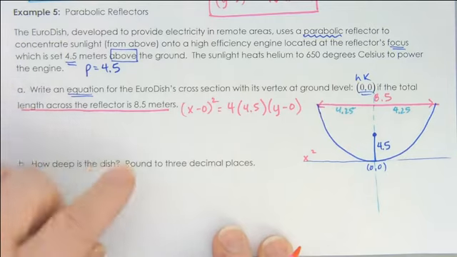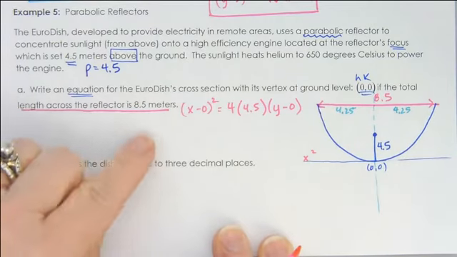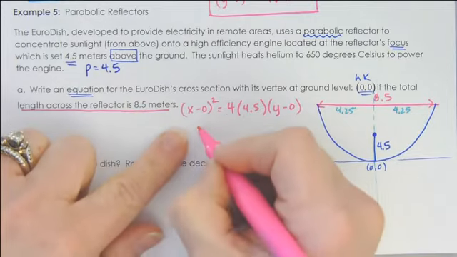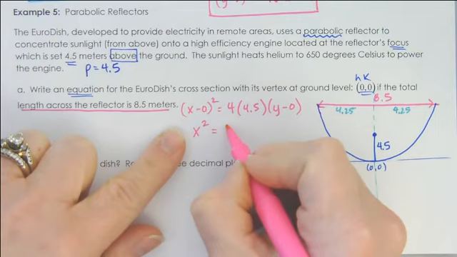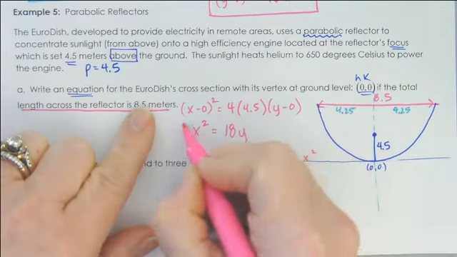I haven't done anything with that 8.5, I really didn't need that quite yet. So right now my equation is x squared is equal to 4 times 4.5, which is 18y.